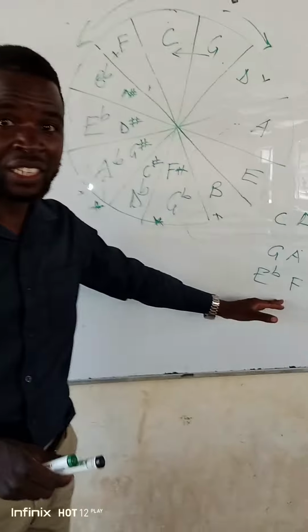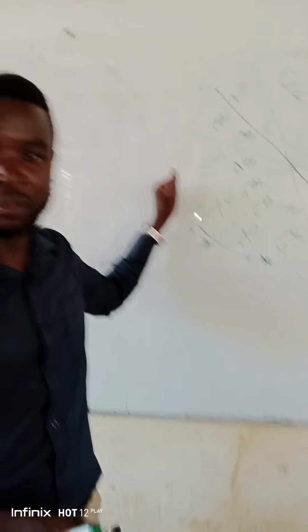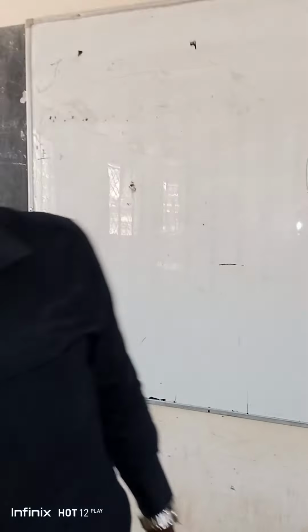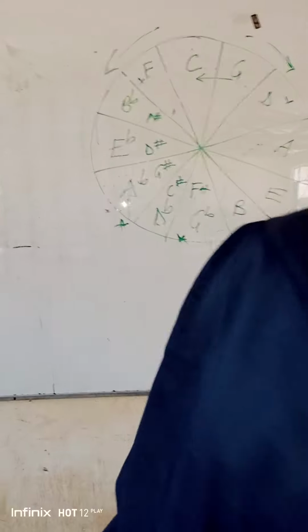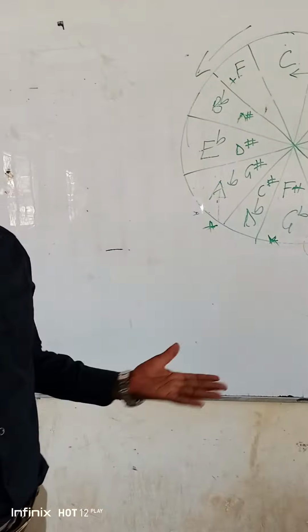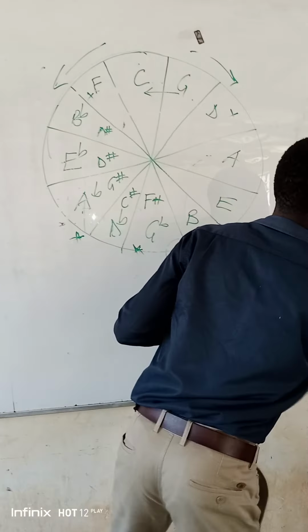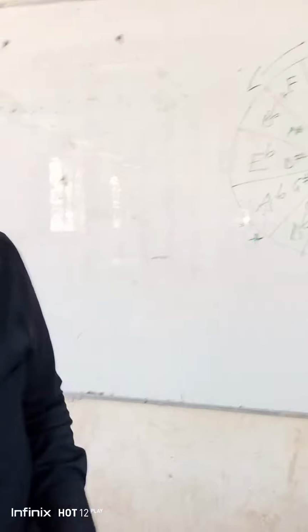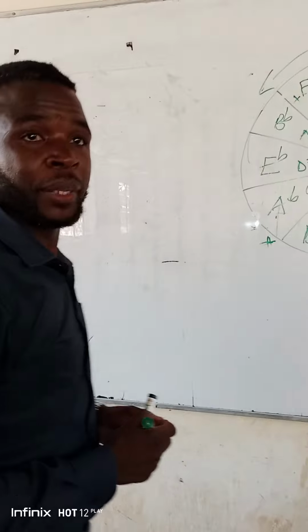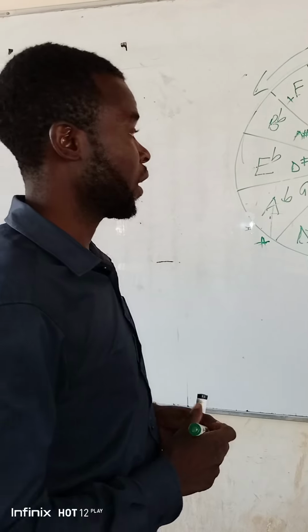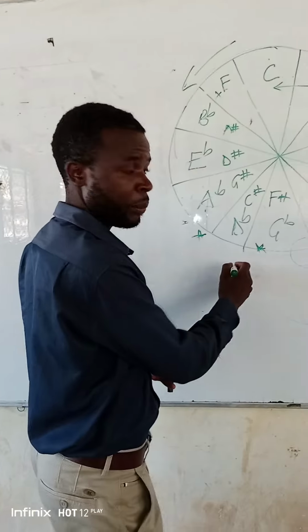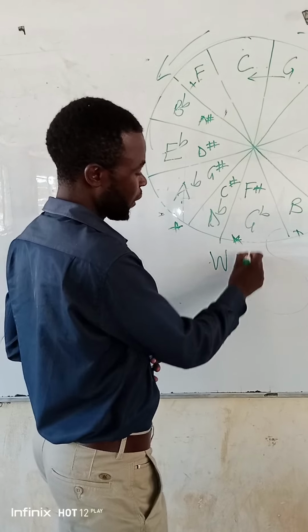This is a major scale. Now from the circle of fifth, I'm going to look at how to read the minor scale. Please remember that when you are reading the major scale, we are focusing on this formula: whole step, half.